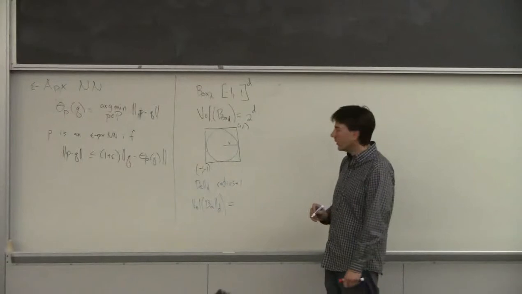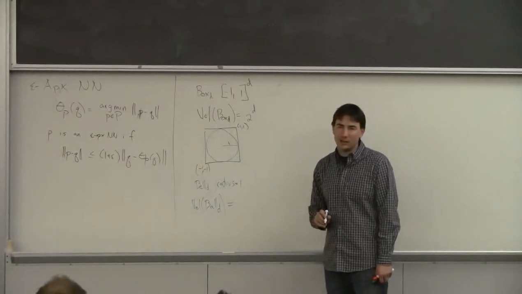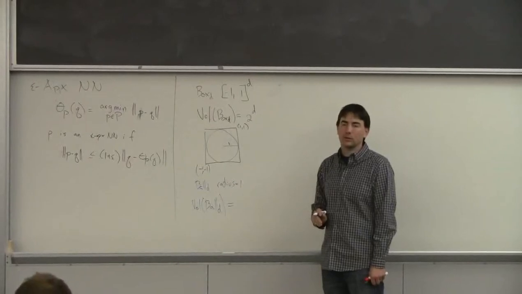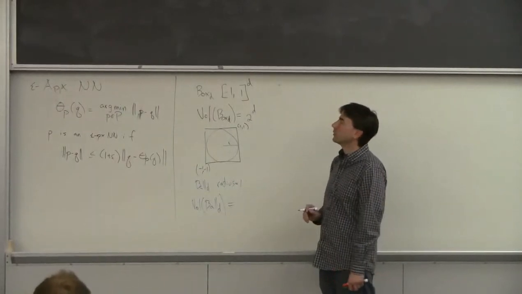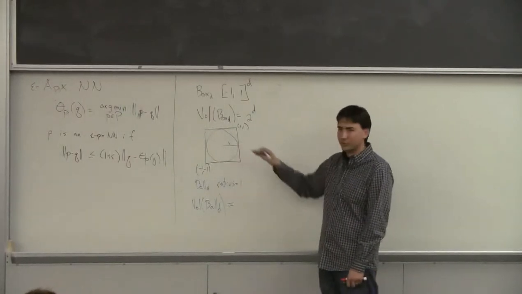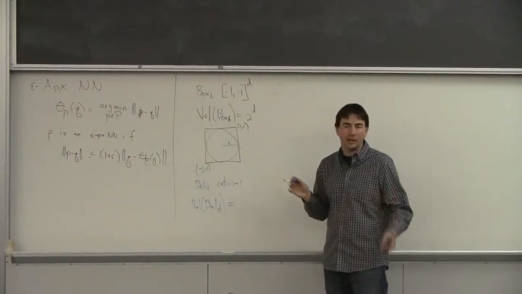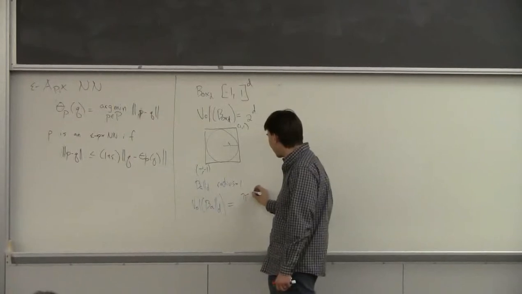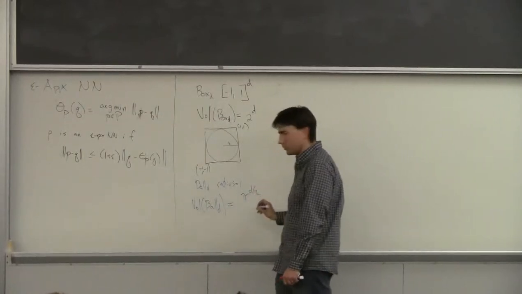In 2D, it's going to be pi r squared, so it's pi times the radius squared, that's pi. In general, it's going to be pi to the d over 2.